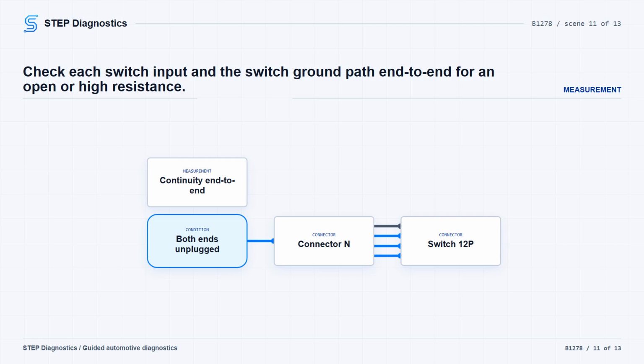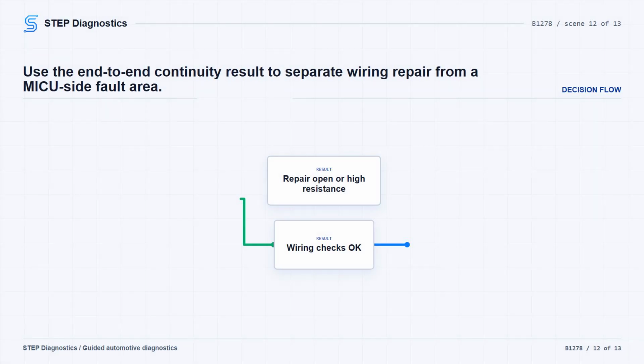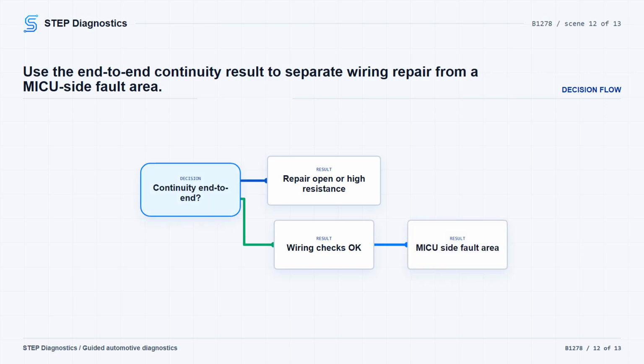Check connector N no. 20 GRI to switch connector no. 8 GRI. Also check combine SWGND LT from connector N no. 1 BLK to switch connector no. 6 BLK. If there is no continuity, repair an open or high resistance in the wire. If there is continuity on those circuits, the wiring checks OK and the path points to the MICU. At that point, pause, recheck the earlier diagnostic path, and avoid guessing before making the final repair call.